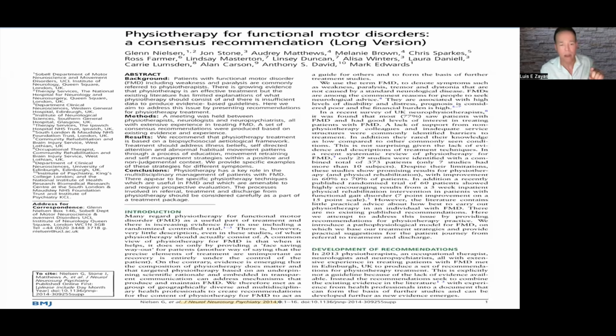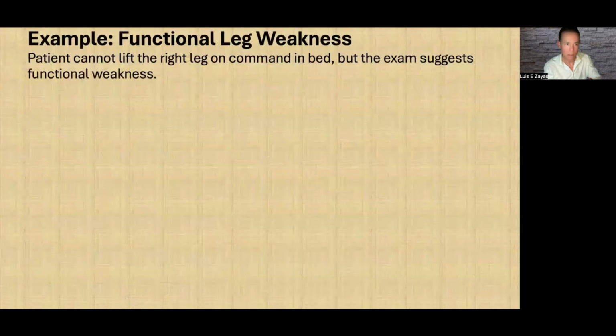Now, this is a paper that I want you to read. This is the most important paper to read if you are a physical therapist or occupational therapist. You will learn a lot. It's very easy to understand, and you have all the details, things that you really need. And even though it is from 2014, more than 10 years ago, it is still up to date. Okay?